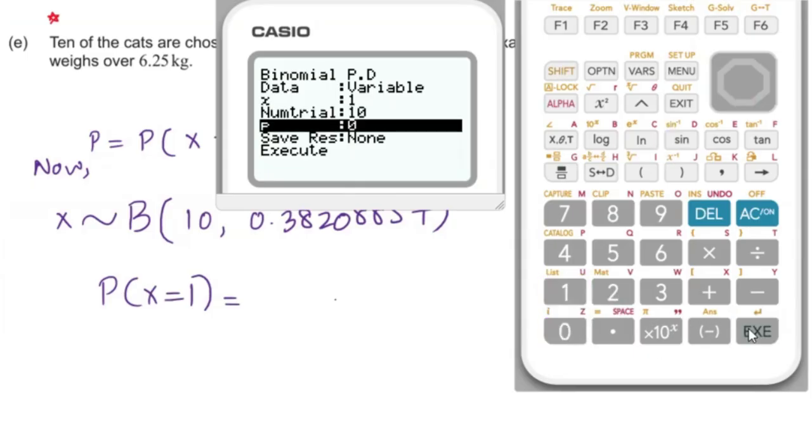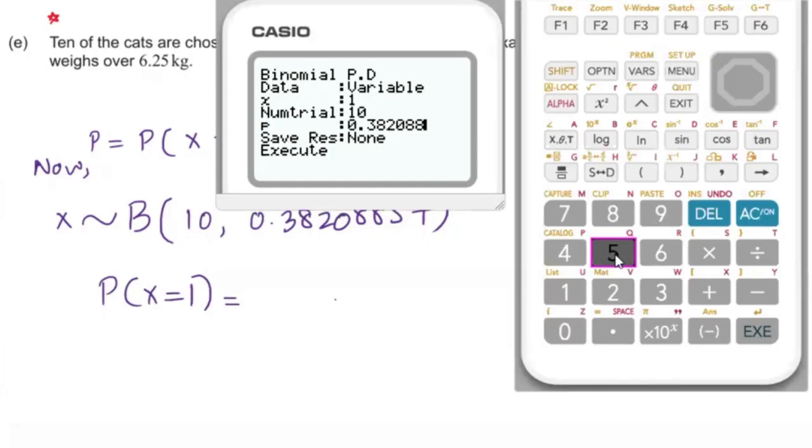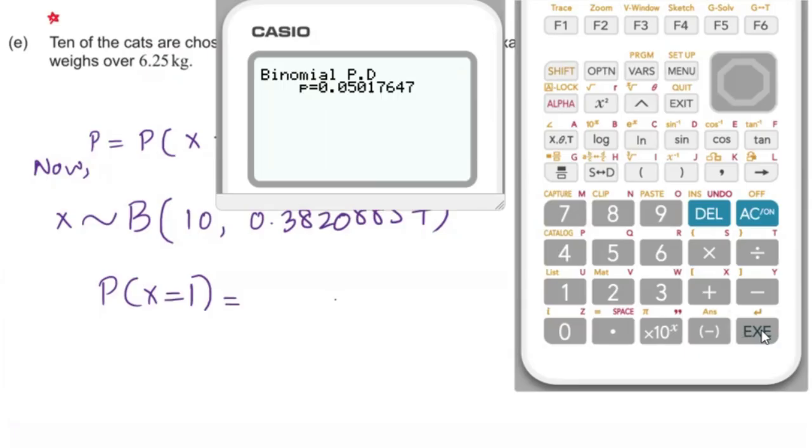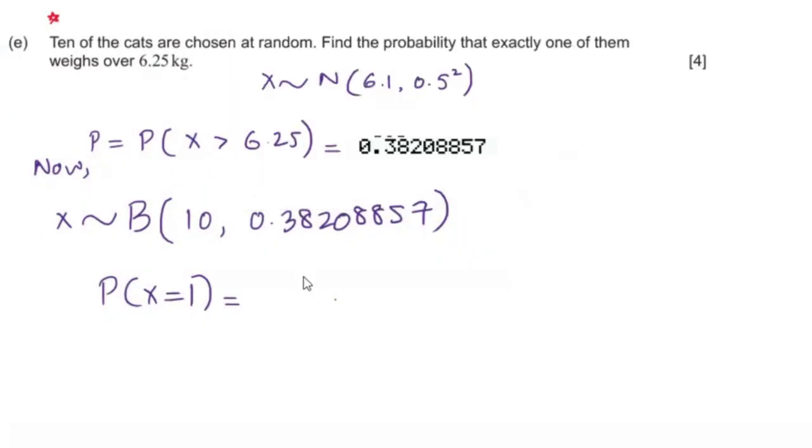In place of probability of success, now this is important, you need to put all these numbers, 0.382088 and the rest of the digits. Let's execute, and that's going to be 0.05 something. Let's copy it, that's a better way.